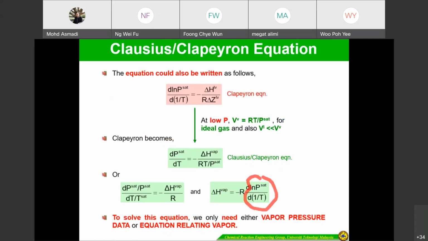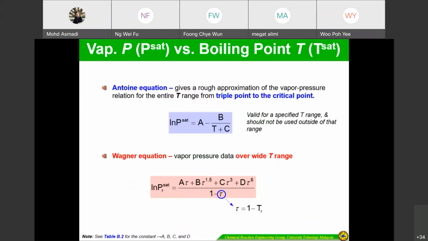Similarly, you can express it in this equation on the left side. To solve this one, you need the vapor pressure, P saturated. Generally, we call it P saturated because it is at the saturated vapor, the vapor pressure. This is more related to the Antoine equation. The Antoine equation, if you look here, gives a rough approximation of the vapor pressure relation over the entire range from the triple point to the critical point.